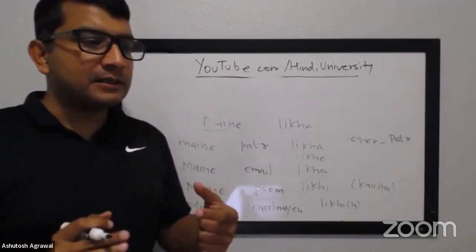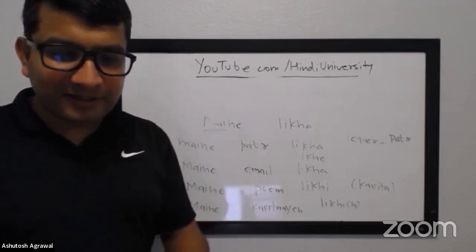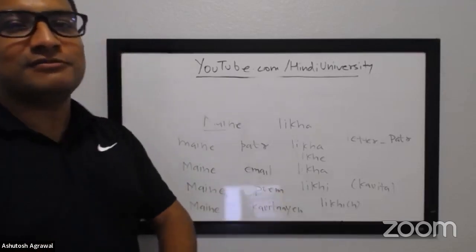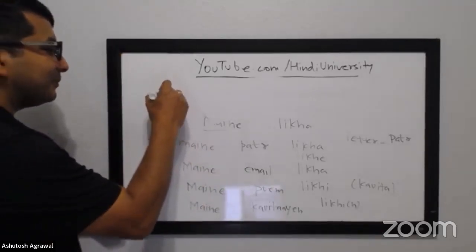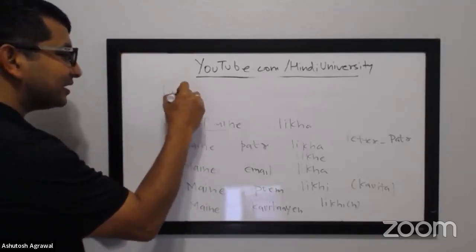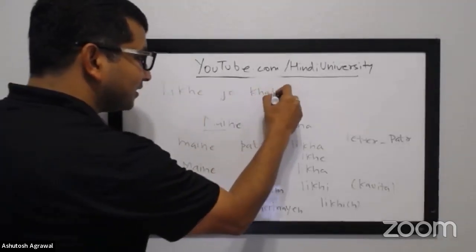Even though the sentence structure is SOV, Bollywood songs and generally people will take the liberty. So let me write it down for you and you can dissect it. The guy will say likhe jo khat tujhe.